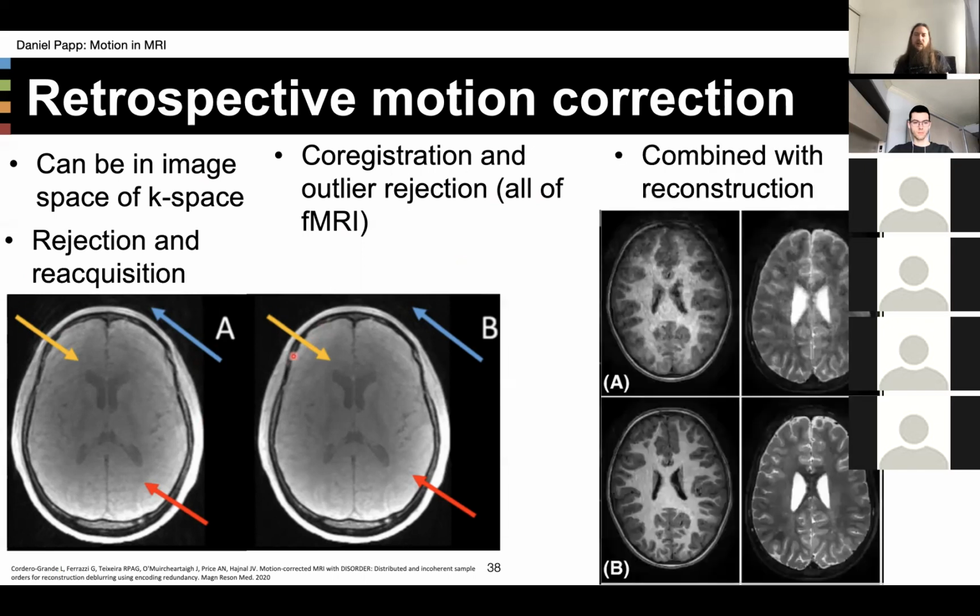There should be some, but most of the time this is combined with the reconstruction, because if you're messing around with k-space and reconstructions, you might as well correct your k-space before you reconstruct, or in an iterative process. This is from the very nice DISORDER paper, this data here. So this is the same k-space data reconstructed with motion and then with motion correction.